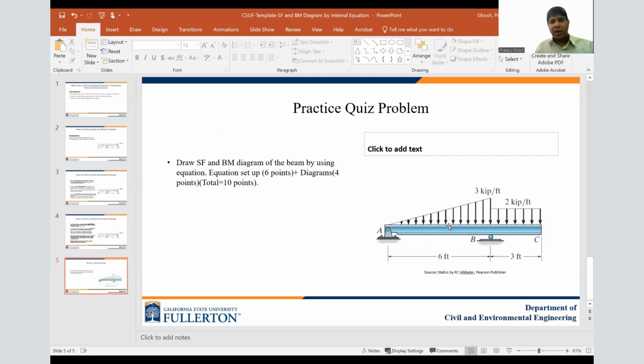Here is the practice quiz problem. We have a shear force bending moment diagram for this again overhanging beam. Now we have triangular loading and then rectangular loading. One segment AB is triangular loading, the other segment BC is rectangular loading. I hope this video is useful and you can easily apply shear force bending moment diagrams by using internal shear and moment equations.